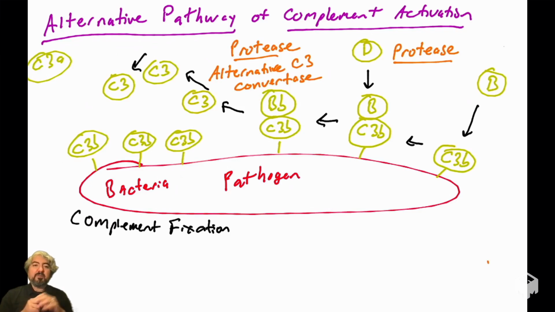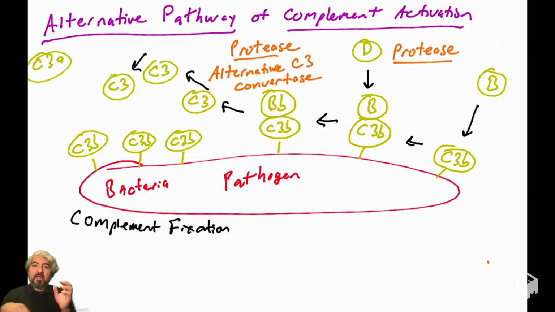That's more complement fixation. So the end result of the alternative pathway of complement being activated is that many C3bs become affixed to the surface of the pathogen. How? Well, C3s got cleaved first by the soluble C3 convertase, and then forming the alternative C3 convertase amplifies the amount of C3bs attached to the pathogen.